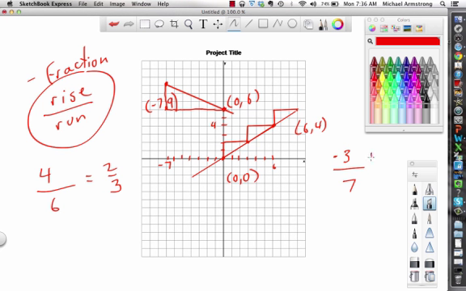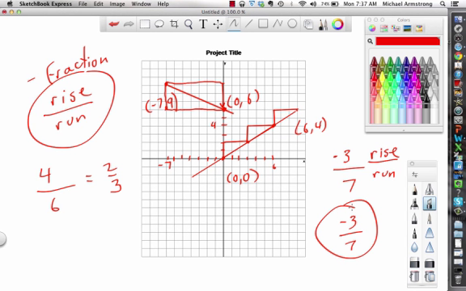Now we always have the rise on top and the run on the bottom of the fraction. I could just as easily do a run of 7 and then a fall of 3, but we have to make sure that the run is always on the bottom and that the rise is always on the top. That way we get things that work for everybody.